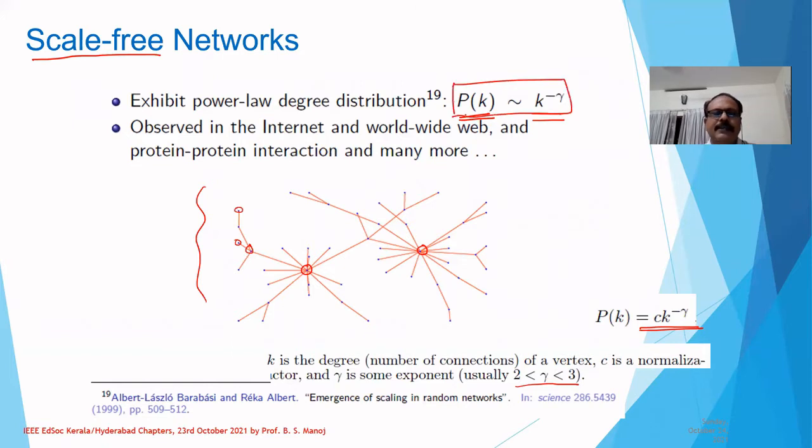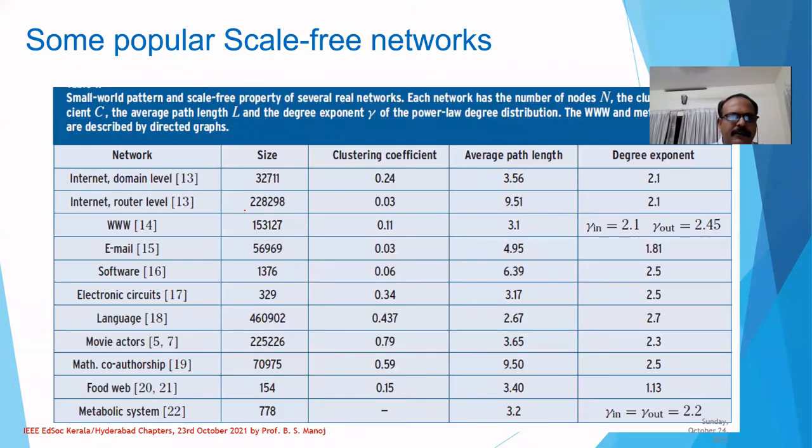So we have been looking at how these networks are formed in the real world, because many of the real world networks have this kind of character. In fact, in social networks, you can find this kind of character. When you look at the literature, the internet has this scale-free model, the World Wide Web, email networks, electronic circuits, language distribution, movie actor relationships.